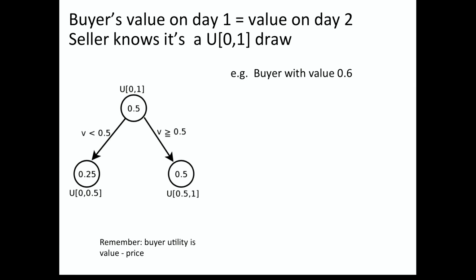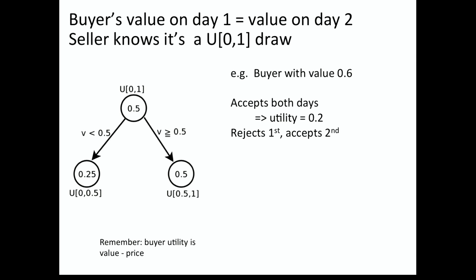So if I could do this, and this is what happens, then I would actually make more than 1/4 on average per day, because I'd be getting a little extra in the setting where they wouldn't have bought on the first day. But this isn't what's going to happen, okay? If you take a buyer with value 0.6, if he accepts on both days, then his utility is 0.1 plus 0.1 is 0.2.